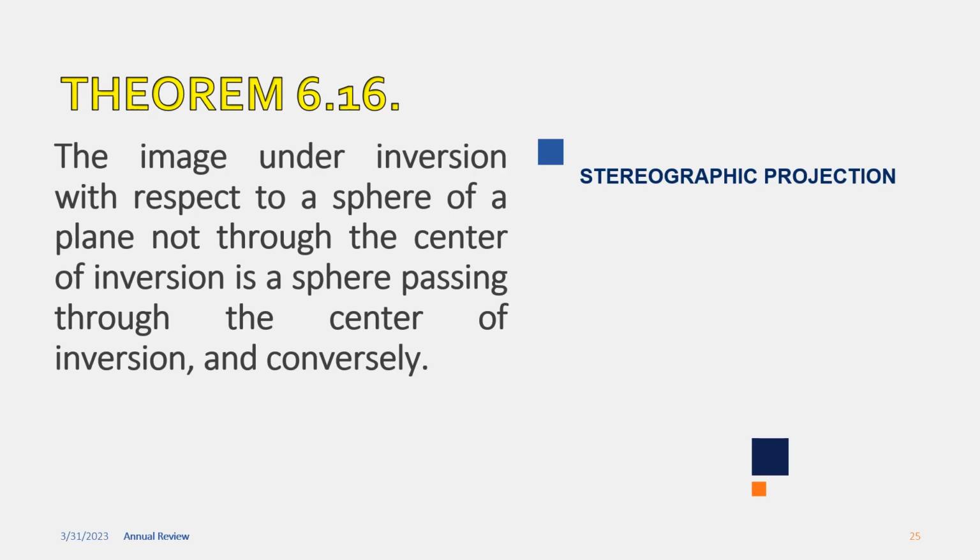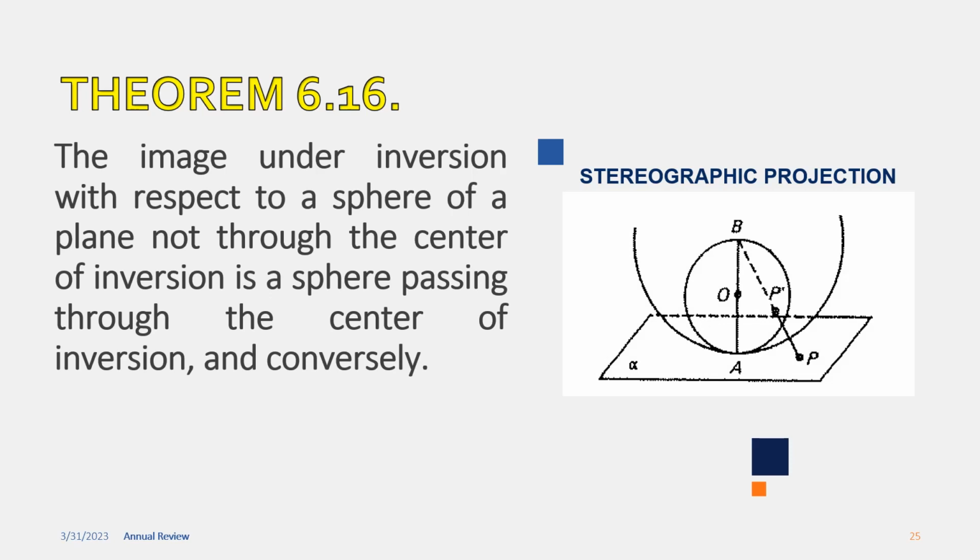This method of projection is illustrated in this figure. Plane A is tangent to the sphere with O as the center and to the sphere B at the common point A. Plane alpha and the sphere with O as the center are inverses with respect to the second sphere. This is the first sphere and the second sphere.